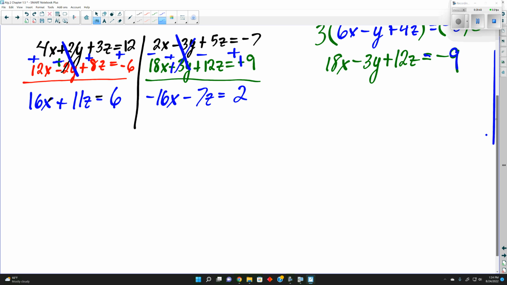I think we're kind of unanimous on which one, yes? X. Because the numbers in front of x are a good one to start with. And since we don't have to change anything, we can just put 16x plus 11z equals 6 over negative 16x minus 7z equals 2.